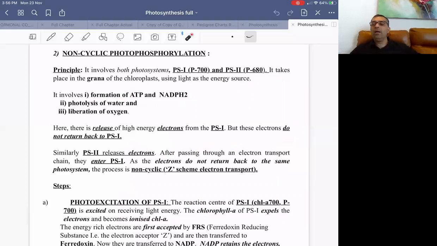सबसे important, along with energy, ATP और NADPH2, दोनों में energy होती है.